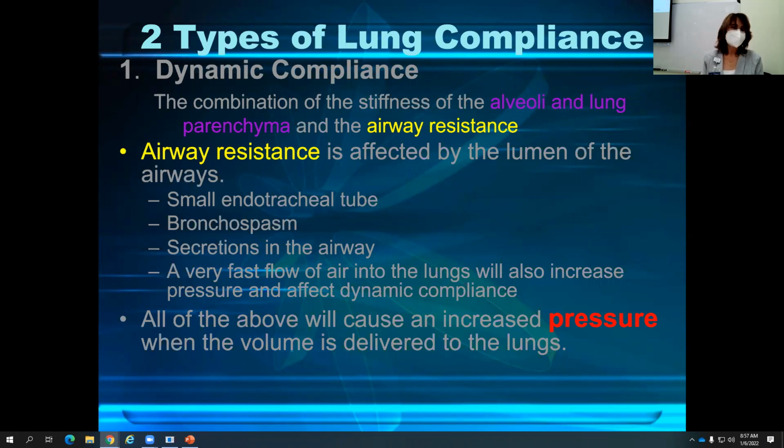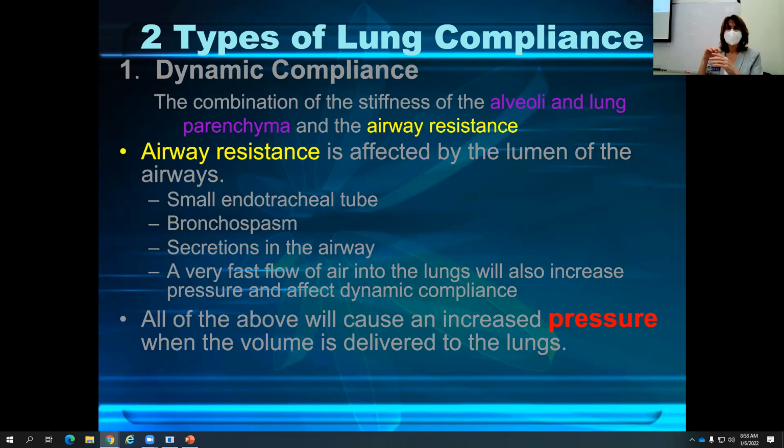The next one is secretions in the airway. So as the mucosa in the airway produces mucus, and the mucus is not being propelled up to the larynx to be removed from the lungs, it accumulates. And when mucus accumulates, it plugs up the small airways.